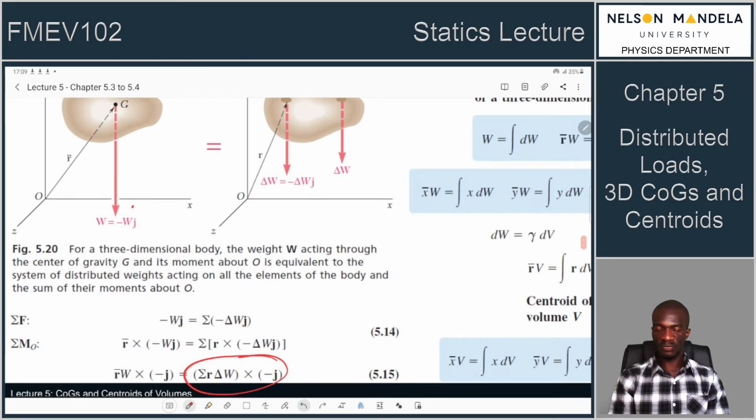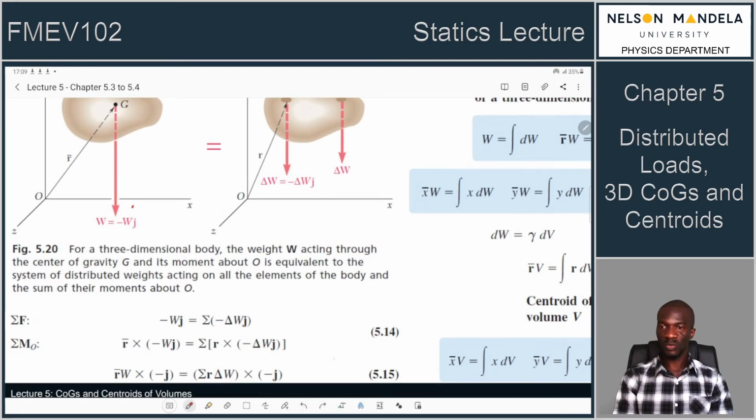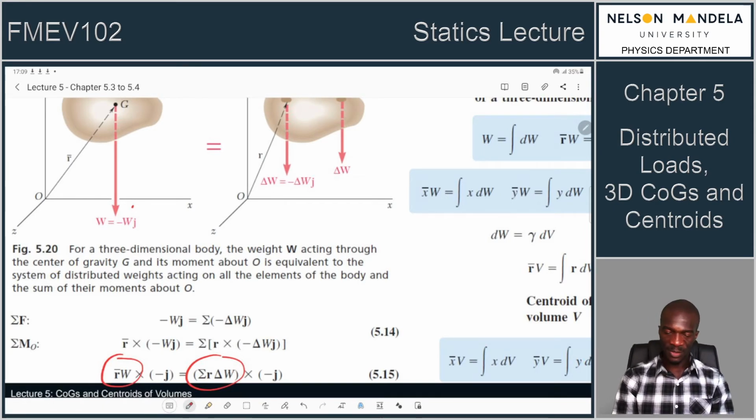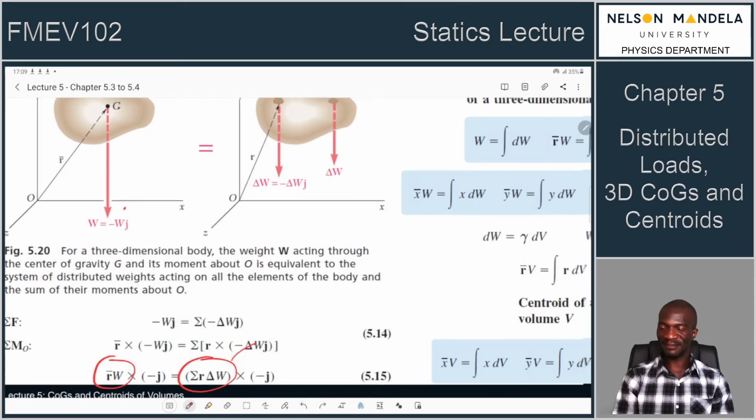This is exactly what we're doing on the right hand side. We are just moving our magnitude of the small weight contributions, and if you look at the left and right hand sides, we can actually equate these two, right? Because the minus J is the same as the minus J. So when we equate those two, we have R bar weight, which is the centroid of the weight, equal to a sum of the centroids of the individual weights.